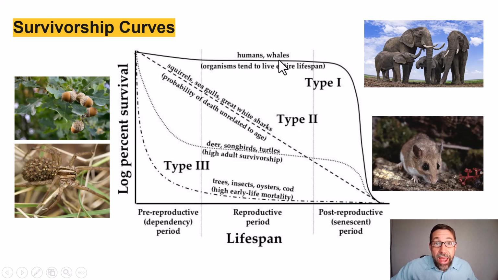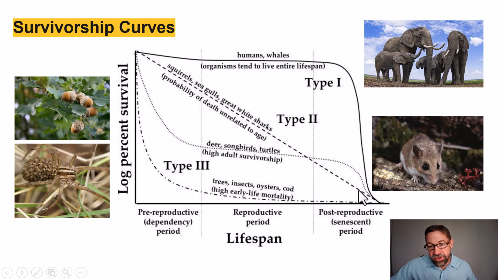This is also whales, elephants, so most large mammals show a type 1 survivorship curve, whereas small mammals, so think squirrels, rodents like this white-footed mouse here in the genus Peromyscus, they're going to show a type 2 survivorship curve, which is mortality rates that are more or less constant across the lifespan, across all the different age classes.